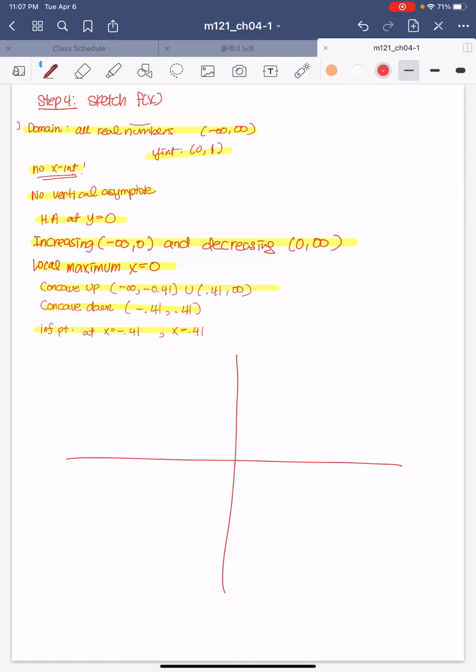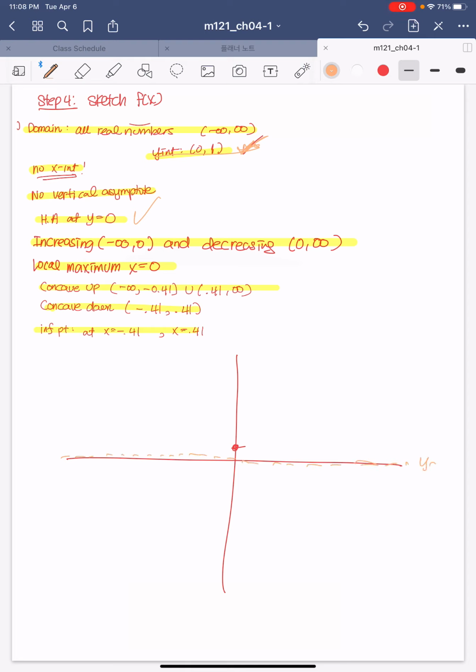Let's indicate our intercept (0, 1) right over here. So I got that. And then we have a horizontal asymptote y equals 0, so that means right over here.